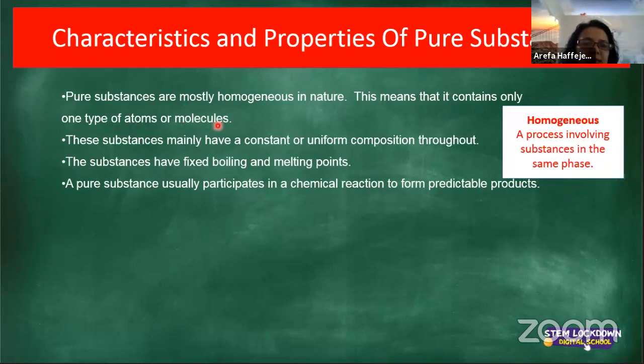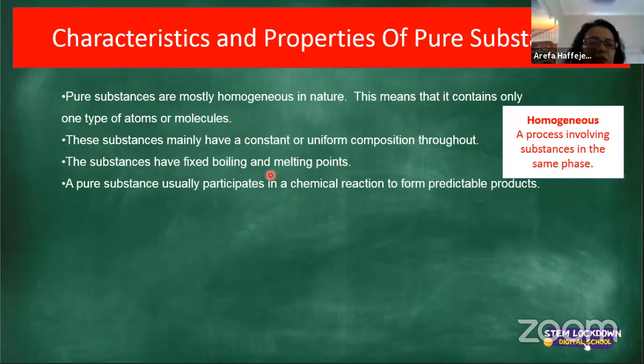Now these substances mainly have a constant or uniform composition throughout. So we say that it has a constant or uniform pattern. Like in the previous slide that I showed you, it has a fixed pattern. So that's what they mean by it. Now, substances have fixed boiling and melting points. So the boiling point and the melting point is fixed.